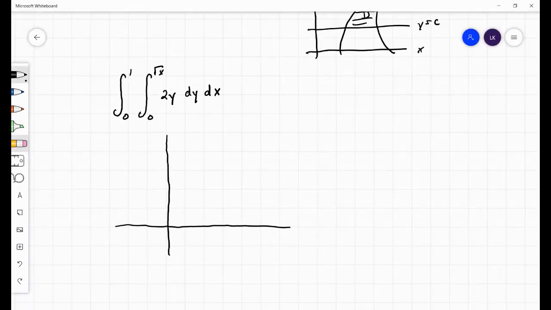Okay, so what are the bounds for x? Think of these as like nested integrals. Yeah, it's written, yeah. So x is between 0 and 1. Those are the x bounds. So x equals 0, another name for the y-axis, and x equals 1.